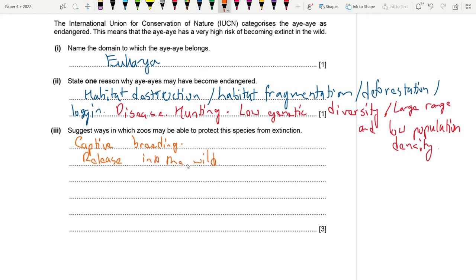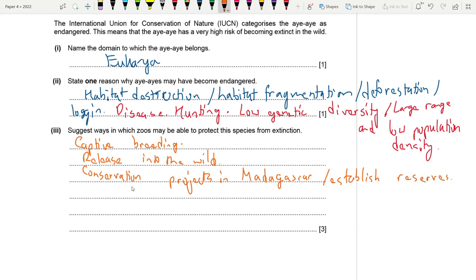They could release the IIs into the wild. Or zoos could help in building conservation projects in Madagascar, or establish some reserves.